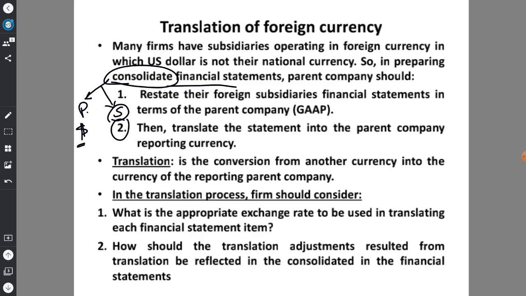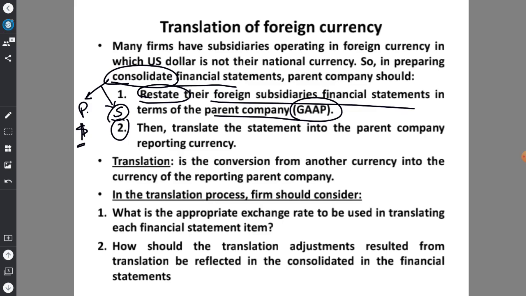So when preparing a consolidated financial statement, parent company first of all should restate the foreign subsidiary financial statement into parent company GAAP. ما احنا قلنا each country has her own GAAP. طب لو انا بعمل prepare consolidated, the financial statement of subsidiaries is going to be restated to the parent company GAAP. دي أول حاجة. هخلي الستاندرز fixed. هخليهم كلهم based on standard applied in the parent company.